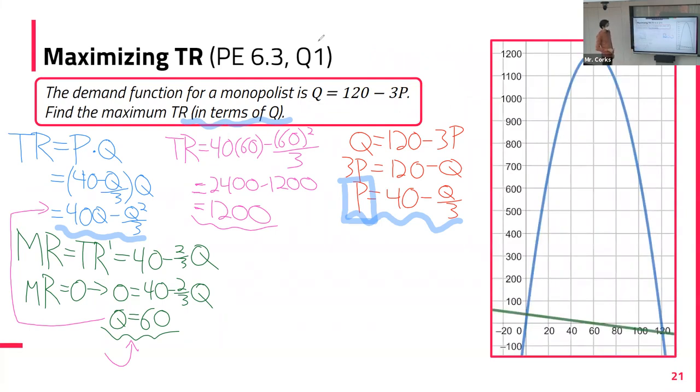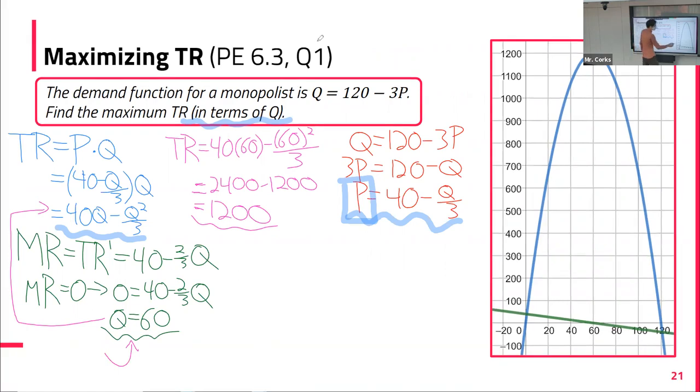And here's the graph of this scenario. We can see we have that 0 here for the first derivative happening at 60. And we just line that up here. And 1,200. And that's the same number we got here. So there we go.